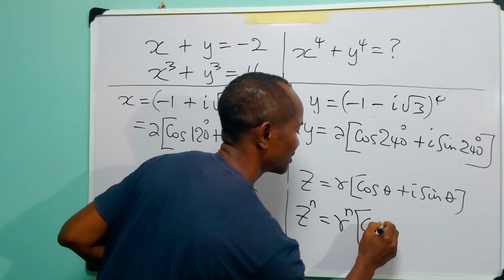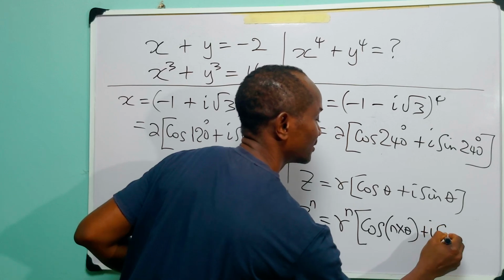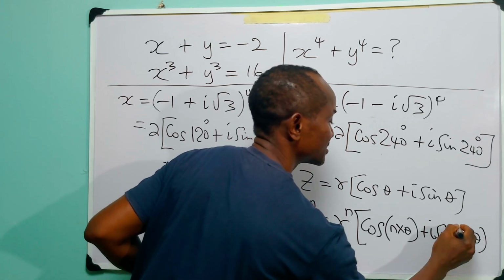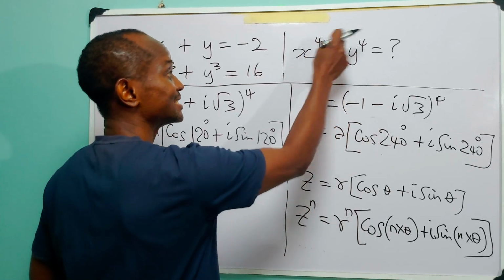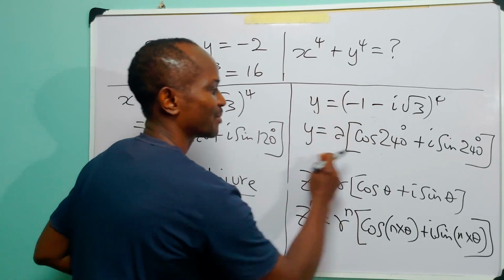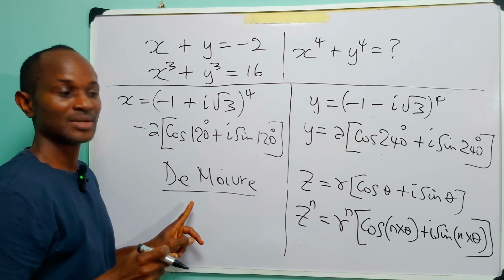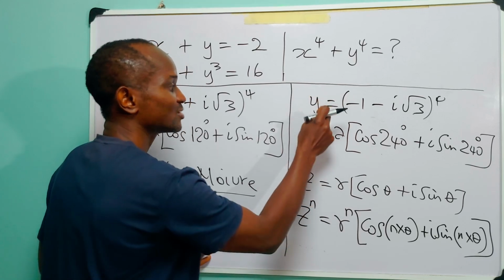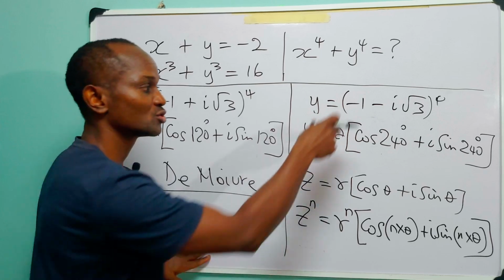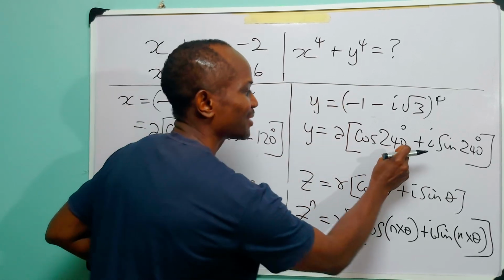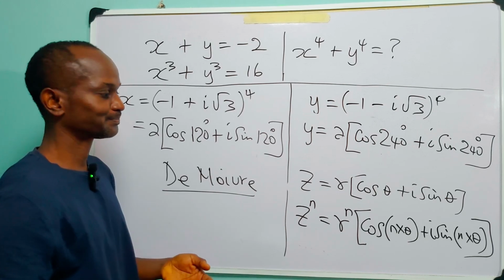So basically we have cos n times theta plus I sine n times theta. So now you see why I said that the simpler way of doing this is to change the complex number to its polar form and then use this man's theorem. So what we simply do to raise y to power 4 and to raise x to power 4 is to raise 2, their modulus, to power 4 and multiply the arguments by 4, which is quite simple.